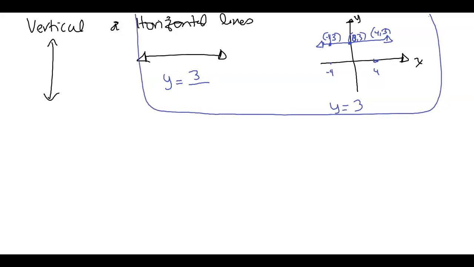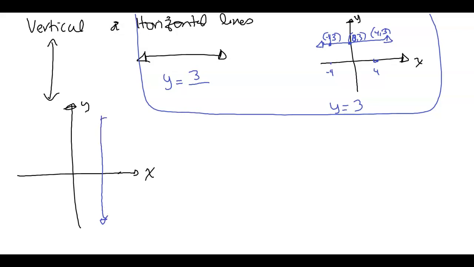Okay. Now let's look at a vertical line. So we have x, we have y. So now a vertical line. If I were to plot points right here, this point right here, let's say x is 3, y is 0.